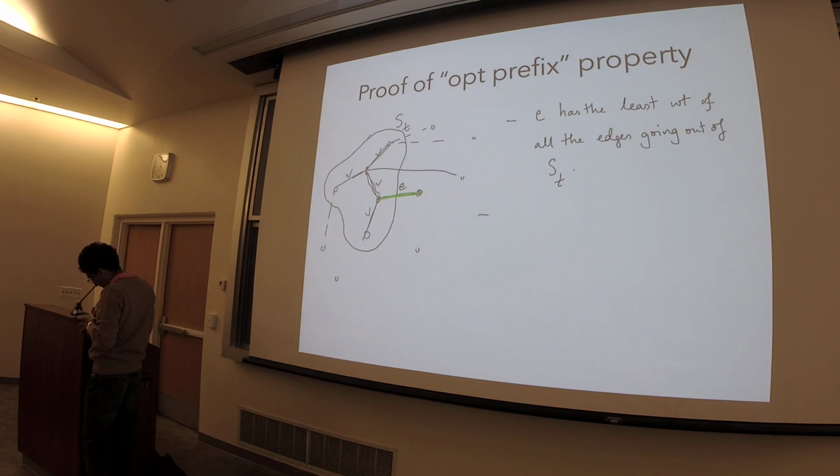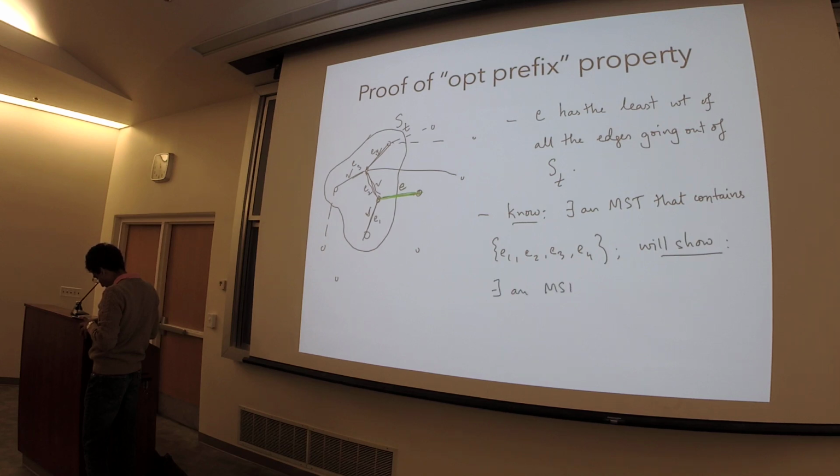So let's name these things. So we know that, and we will show that there exists an MST for the full graph that contains E1, E2, E3, E4 and also E. Okay.